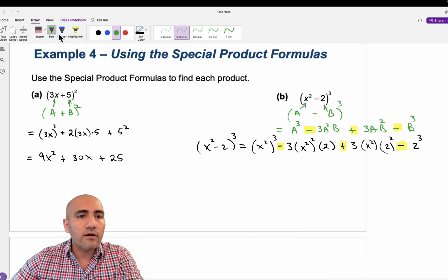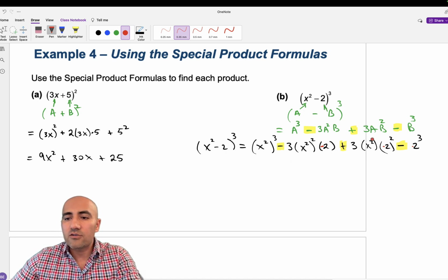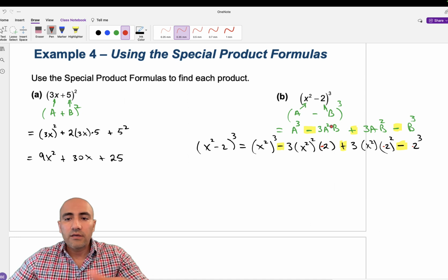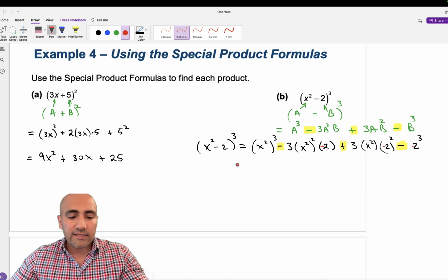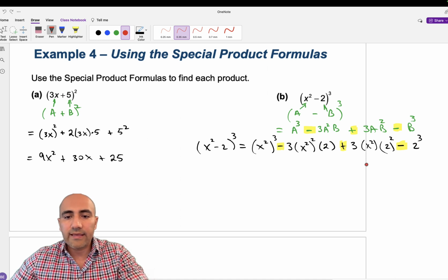It would be wrong for you to put a minus there, and there, and there, because the formula has already taken that into account. If you were foiling this all out on your own, you would have to take that into consideration. But this is just recognizing a pattern, and recognizing that the pattern has already taken that into account. Okay, so hopefully you don't make that mistake.